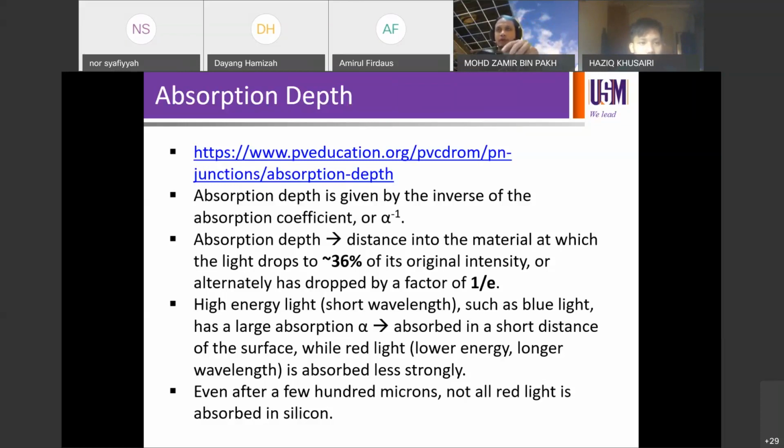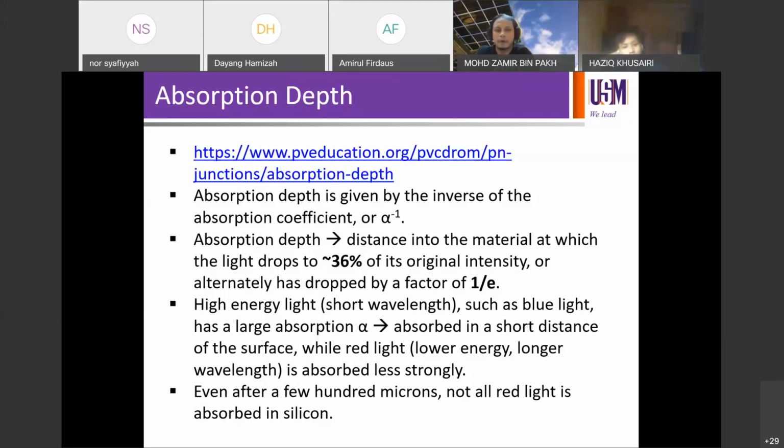Some photons are from the UV, some from the visible, and some from the IR. The photons in the UV region have the highest energy, the photons in the visible have the middle energy, and the photons from the IR have the lowest energy. So when you move from UV to visible to IR, the photon energy decreases and the wavelength increases, because the wavelength is reciprocal of the photon energy, right?